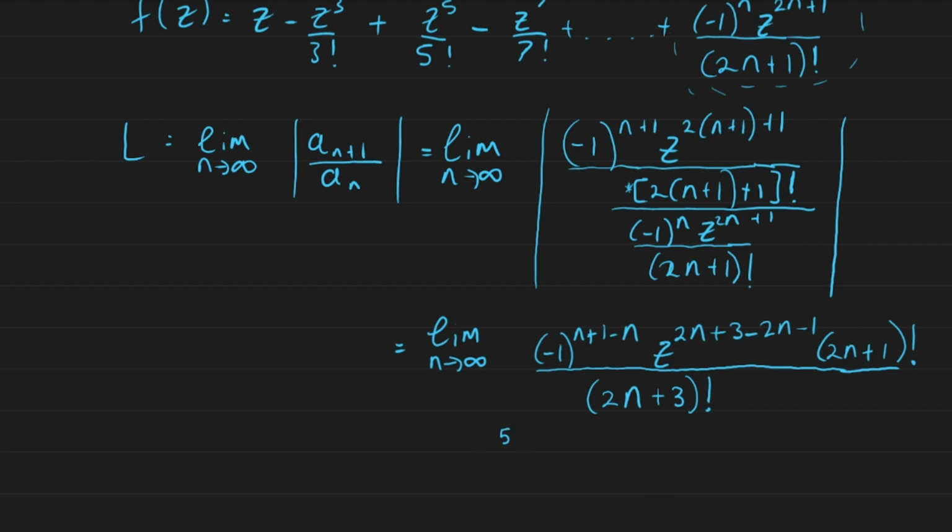For example, if we have 5 factorial, that is just 5 times 4 times 3 times 2. So we minus 1 each time. So that's what we're going to do here. So this 2n+3 is the same thing as writing 2n+3, then we minus 1. So we have 2n+2. Then we have 2n+1.